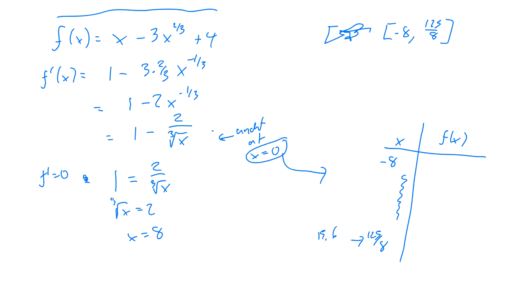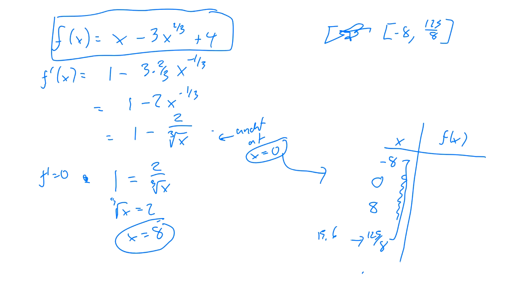So that means that both 0 and 8 are in between. Now you notice in some problems you might get a critical number that's either less than -8 or bigger than 125 over 8, or in other words, it's not in the given interval. These are. Now you're going to take each of these 4 numbers and substitute it into the original function to get 4 answers over here. And from that, we'll just pick off the absolute maximum and the absolute minimum.